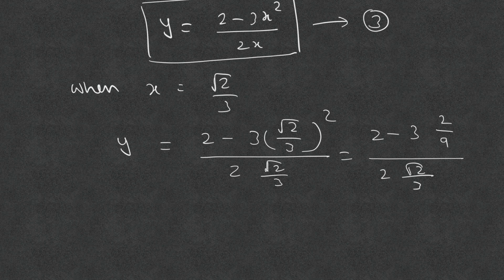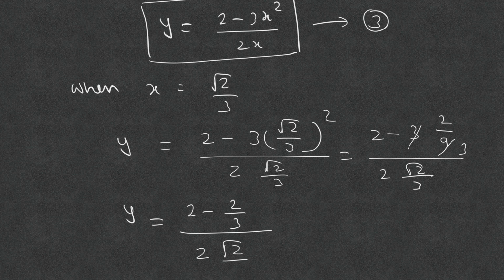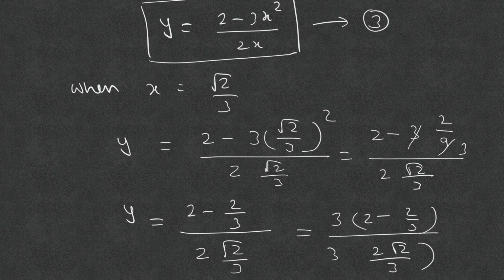And so this becomes y equals 2 minus 2 over 3, by cancelling out the common factors here, 3 goes in 9 3 times, and then you have 2 times root 2 over 3, which is equivalent to writing 3 times 2 minus 2 over 3 times 2 times root 2 over 3.